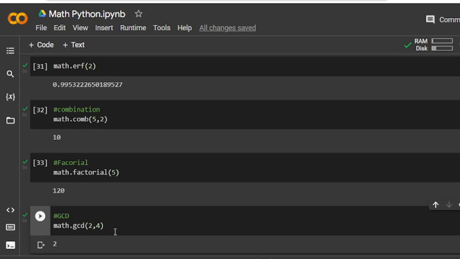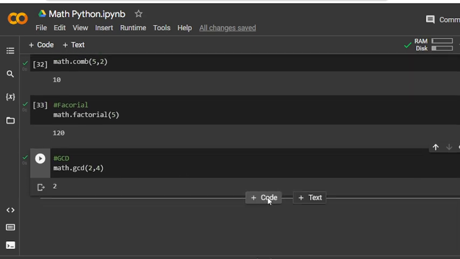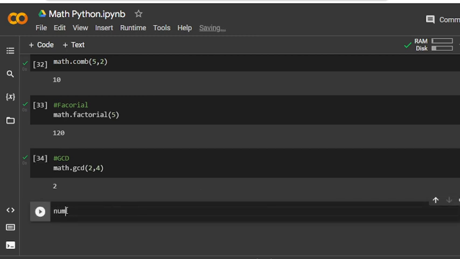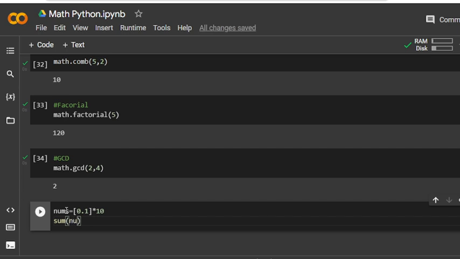So nums will equal 0.1 multiplied by 10, and the sum of these nums, we can write sum and write this variable nums. So you could see your answer.